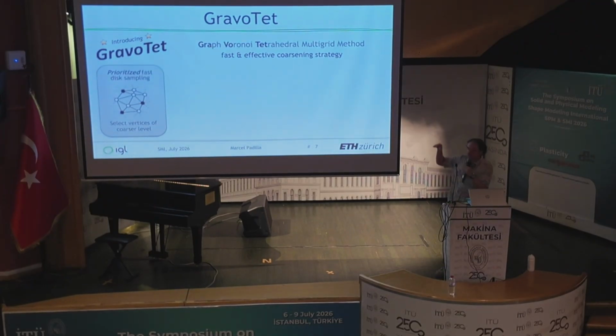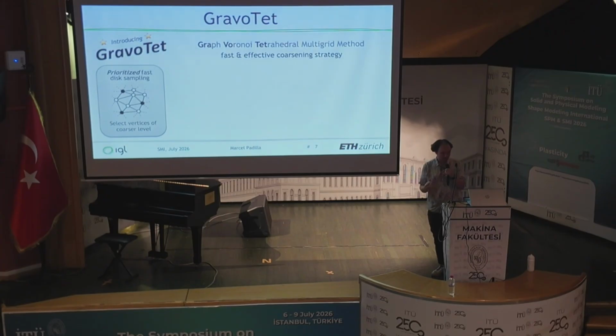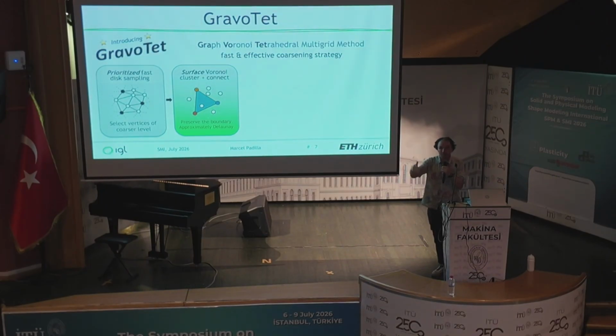It starts by having a prioritized sampling of what vertices we take into the next coarse level. After that, we focus on the surface, because the surface is where we have more details, where the boundary condition is supposed to survive. So we give the surface extra attention.